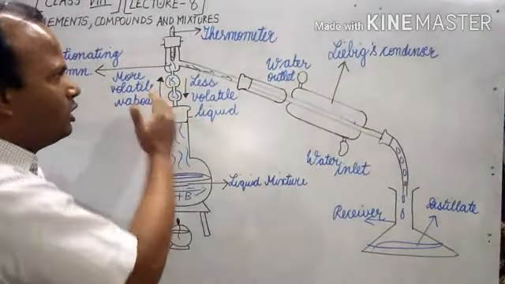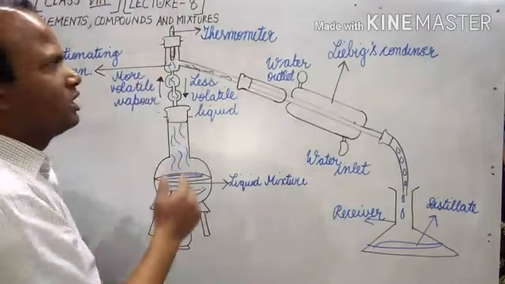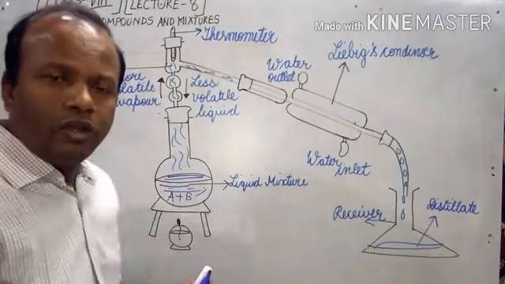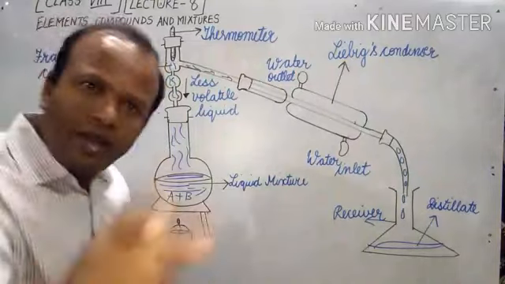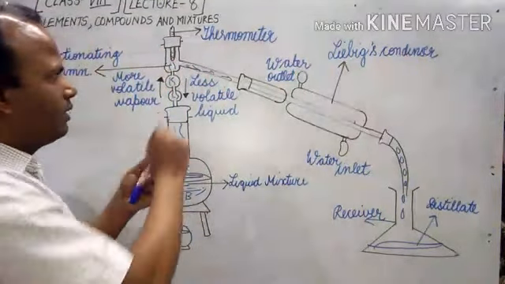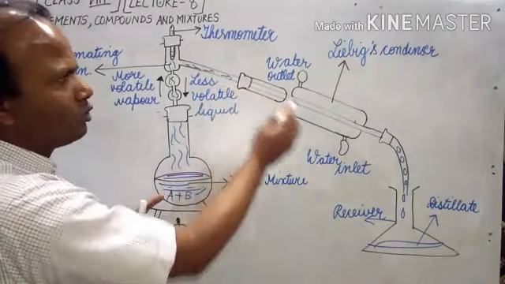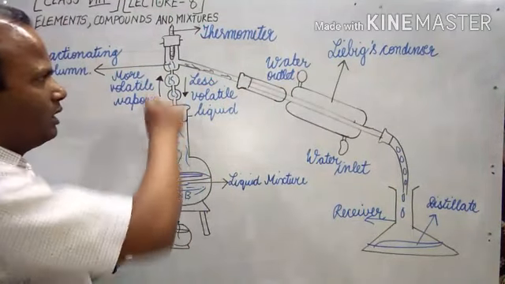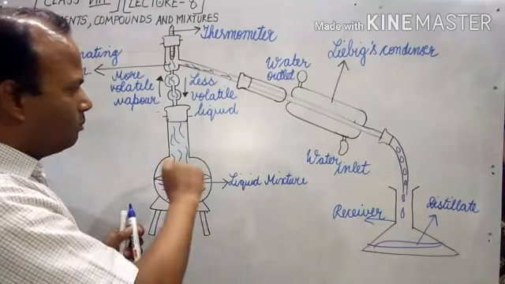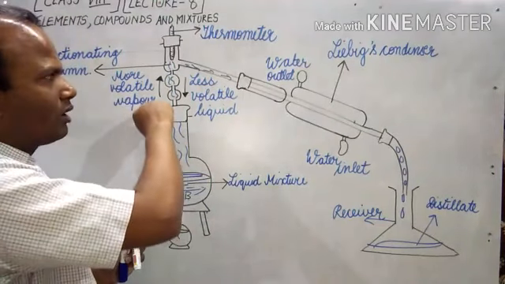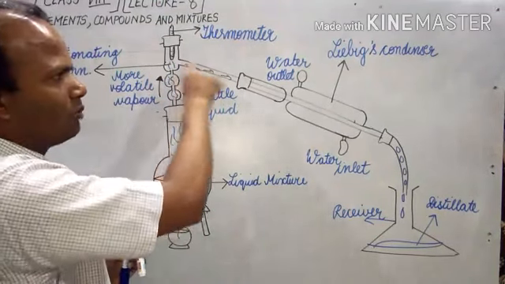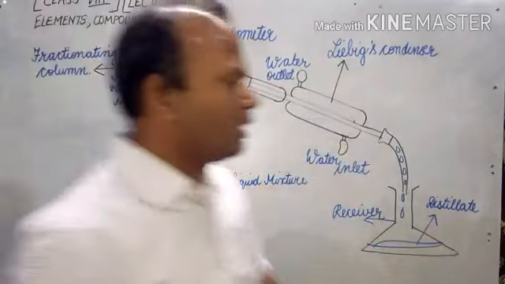They will feel the obstruction, take time, condense, and go back to the mixture. They will not pass through. So this arrangement lets the more volatile vapor, with the lower boiling point, go through and be connected.